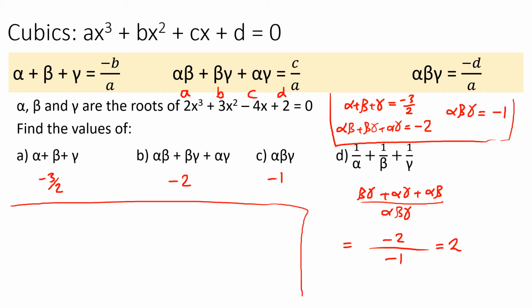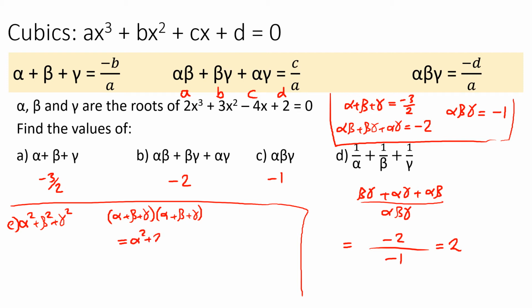Just as a side note, you could also be asked to find the value of something like alpha squared plus beta squared plus gamma squared, and I think it's probably worth expressing how we do that. It's very similar to what we did before. We would need to square alpha plus beta plus gamma. Now if we do this, you're going to end up with a lot of terms.